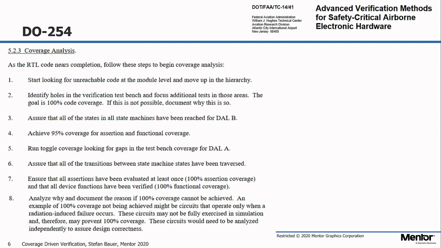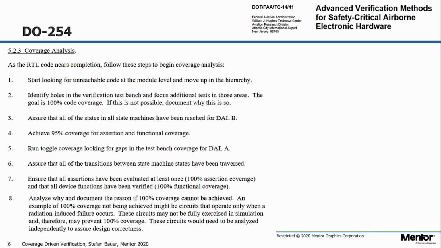When we have a look into the document Advanced Verification Methods for Safety-Critical Airborne Electronic Hardware from the FAA, we find different types of coverage and the steps which we need to do for coverage analysis. I strongly believe that these steps are mandatory for all projects and not just for DO-254 ones.